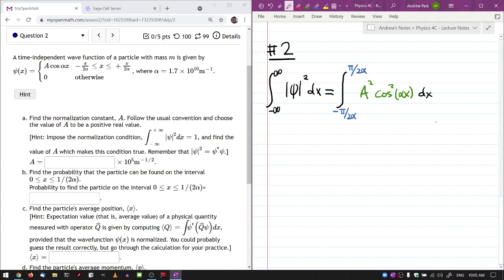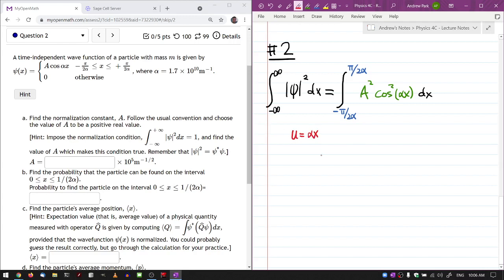Now I'm gonna do a substitution that will make use of a computer algebra system a little bit simpler. In fact, simple enough that you can maybe even do this on a graphing calculator. So I'm gonna make this substitution: u is equal to alpha x.